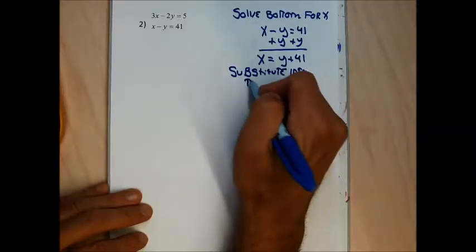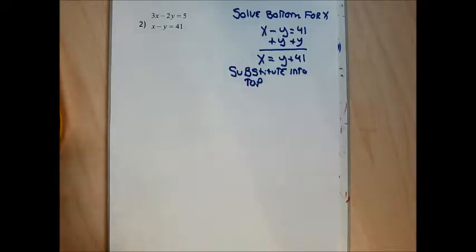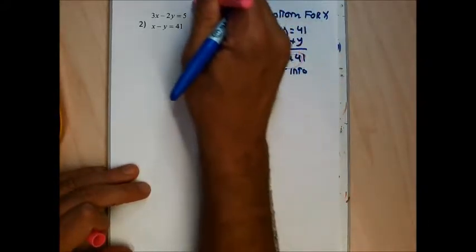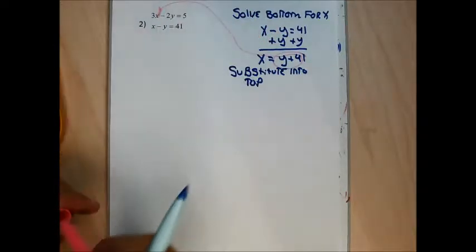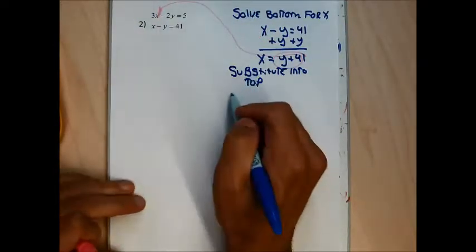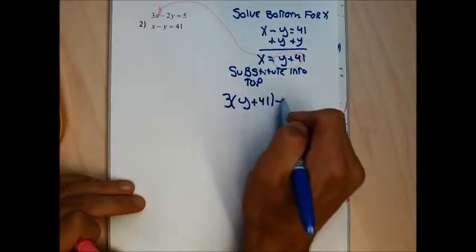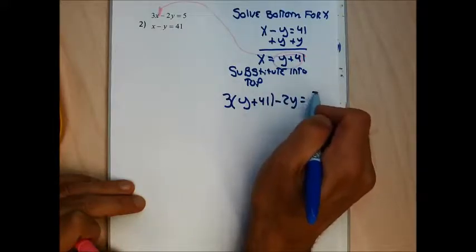And the thing I'm going to substitute is I'm going to take this y plus 41 and change it in for that x. So I'm going to go 3 times y plus 41, minus 2y equals 5.